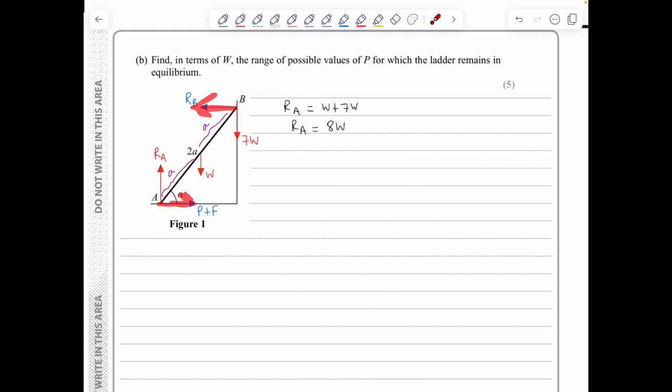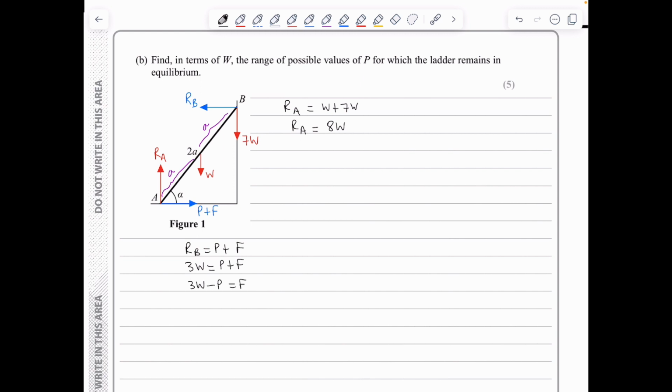So RB is equal to P plus F. Remember, F is the frictional force. Now, RB we found from part A to be 3W. So 3W is equal to P plus F, which means 3W minus P is equal to F.